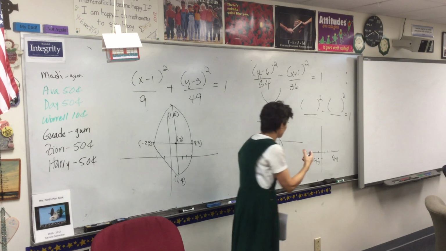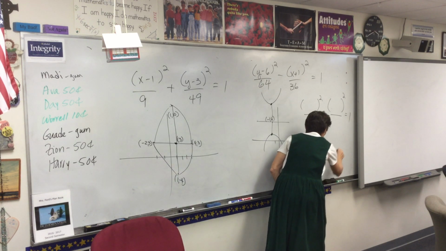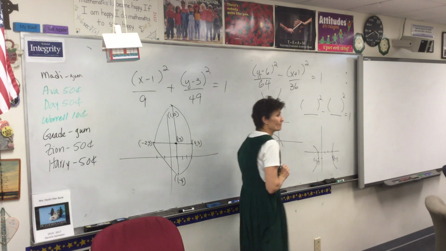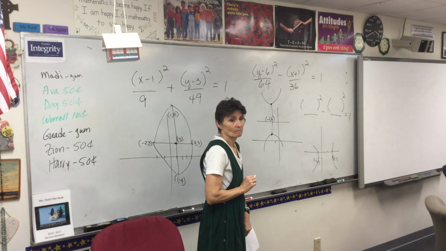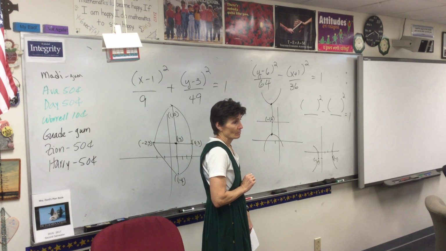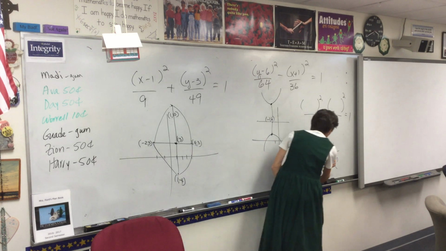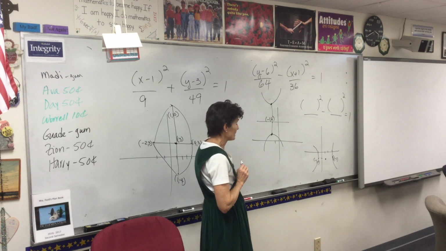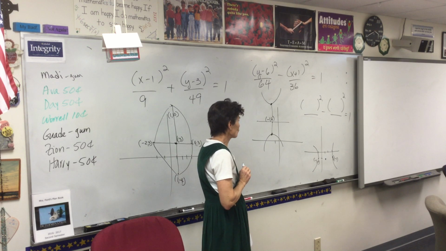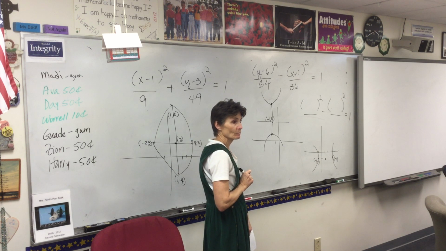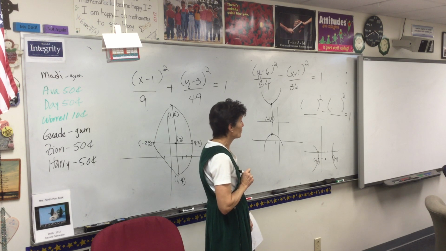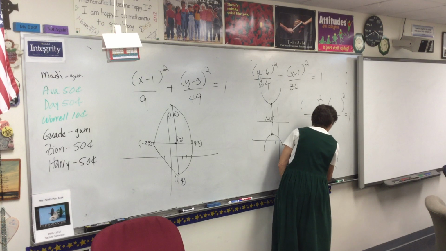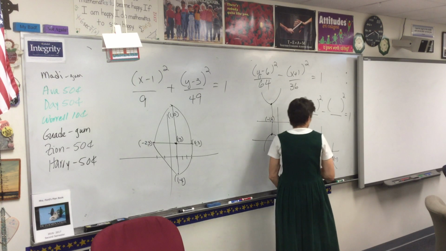That's the transverse axis. So doesn't that mean my hyperbola looks like this? Isn't the center right in here somewhere? Where would that be? Can you figure that out? Well, it's right in the middle of those 2 points. 1, -1.